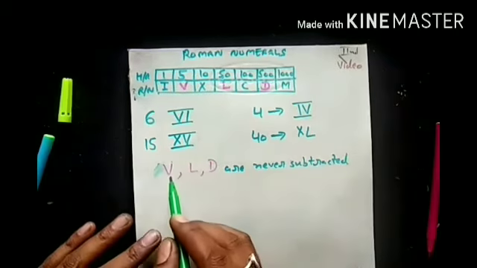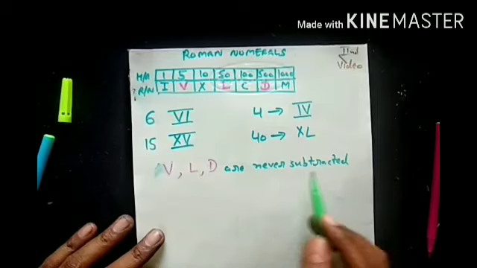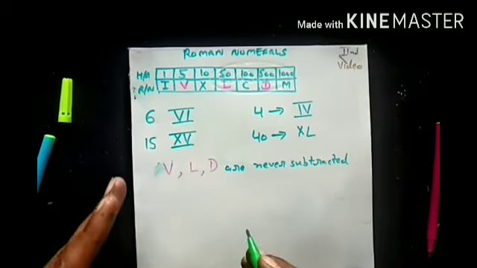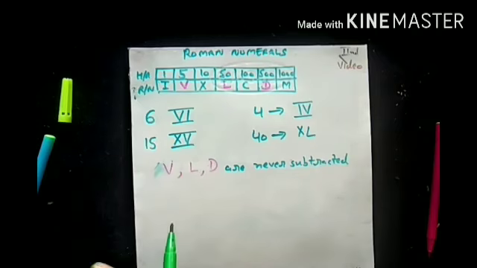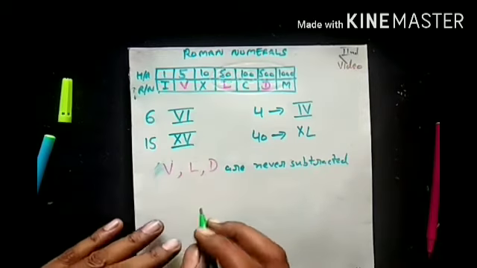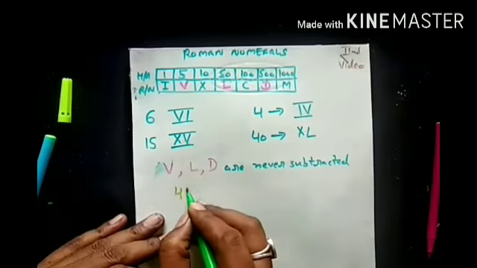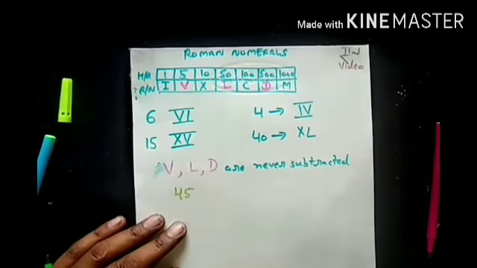Now you should also remember that V, L and D are never subtracted. It means that you will never write V, L or D on the left side of a larger number. I will give you an example. Say you want to write 45, and you may think that if you subtract 5 from 50, the answer is 45.